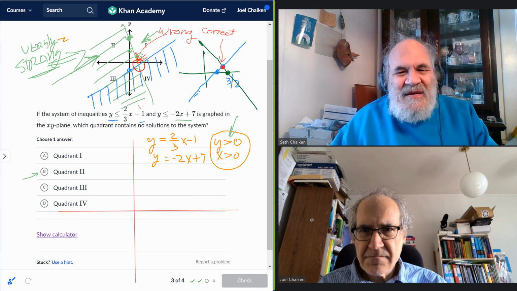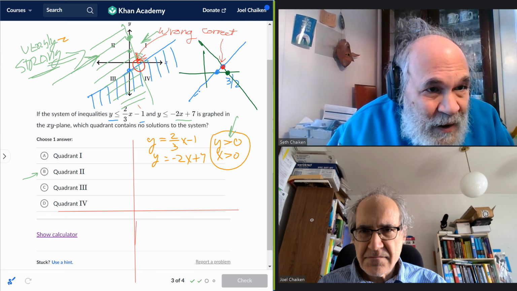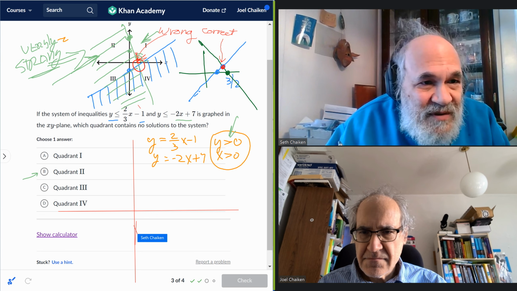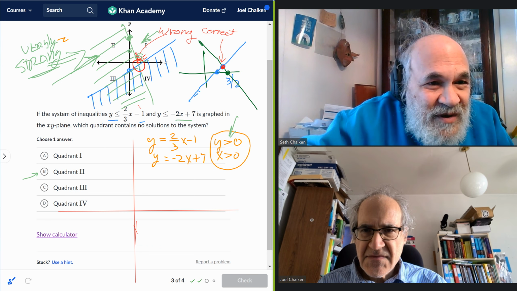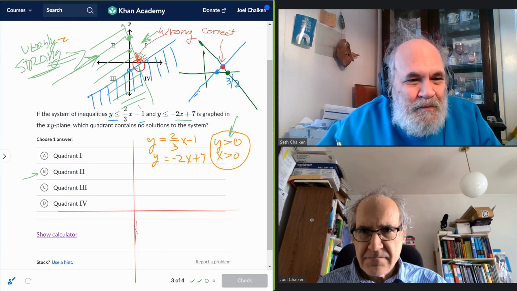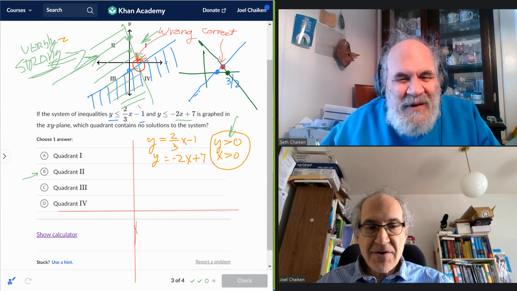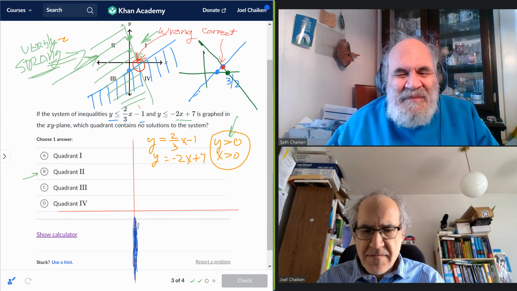The blue line intersects somewhere here, using no calculator, and has positive slope.